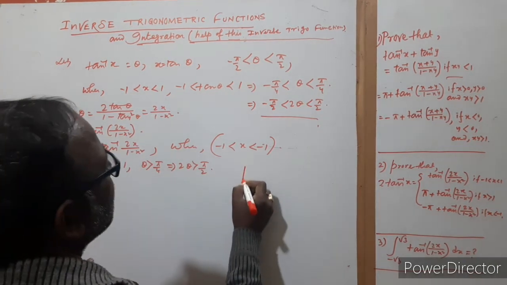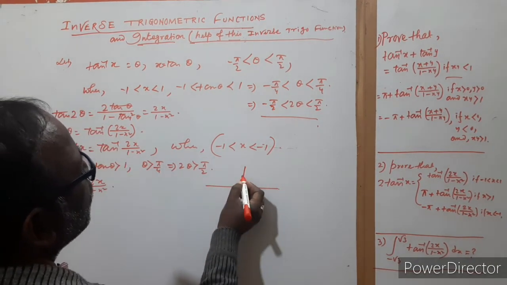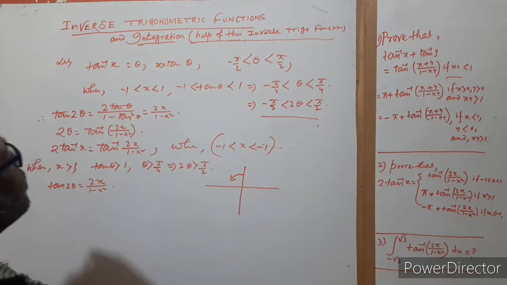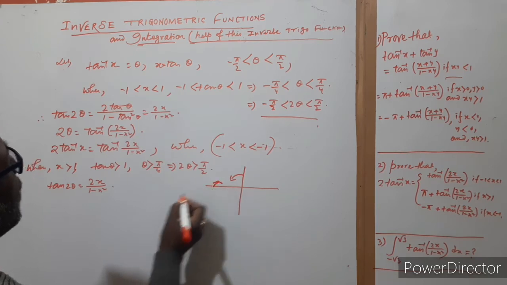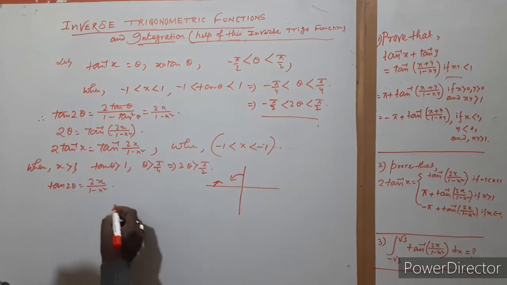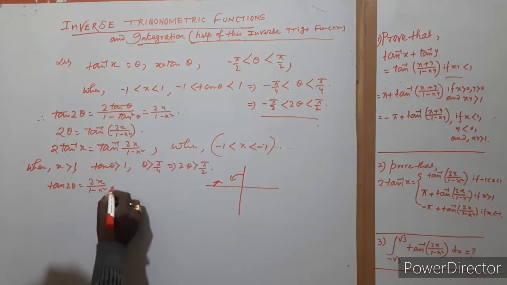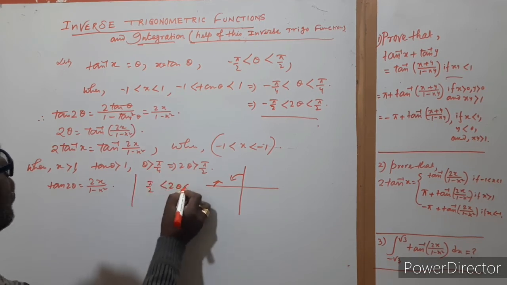So from that, 2 theta is more than pi by 2, and more than pi by 2 means it would be up to pi. So therefore 2 theta lies between pi by 2 and pi.